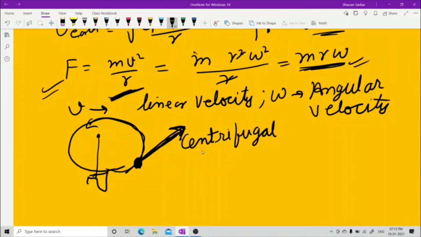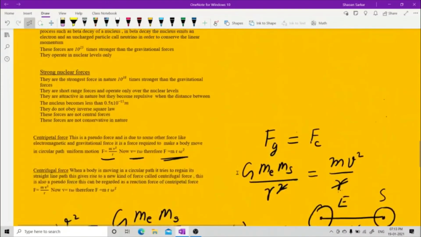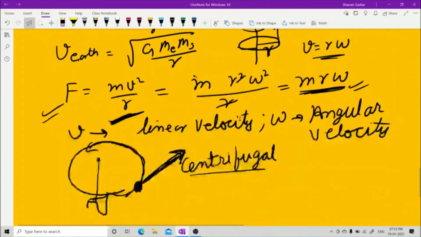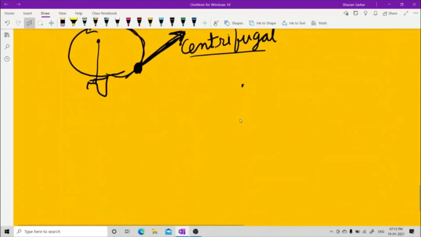And this is the reaction force of the centripetal. Suppose the day the Earth's gravitational force stops, then this formula will not work anymore. Suppose the gravitational force is removed from the Earth. The Sun is here, and the Earth is moving in this direction.